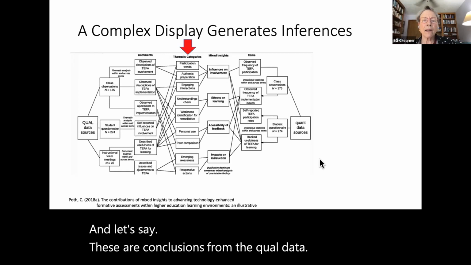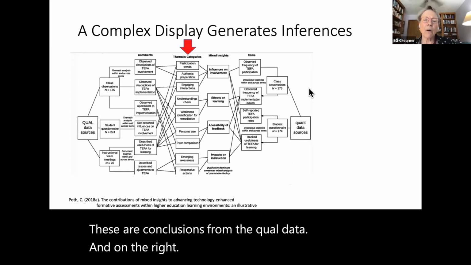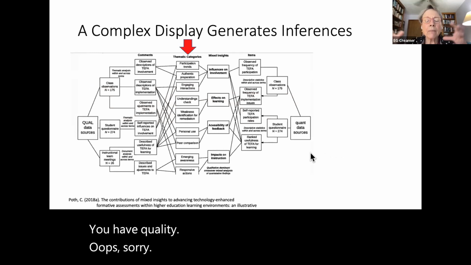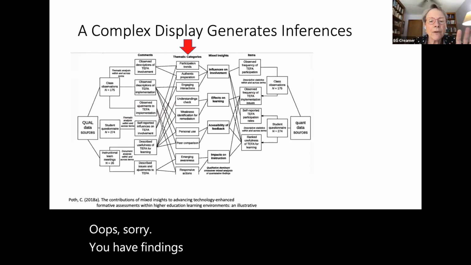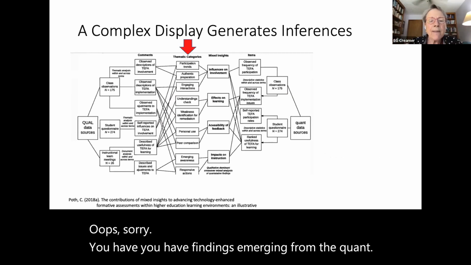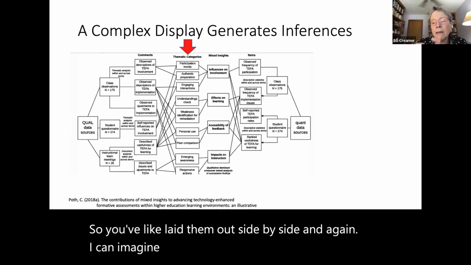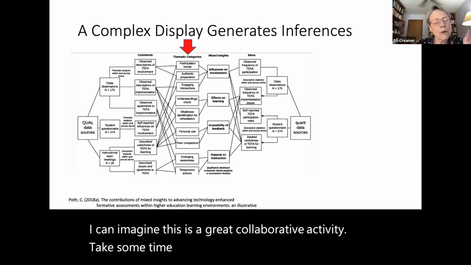And on the right, you have findings emerging from the quant. So you've like laid them out side by side. And again, I can imagine this as a great collaborative activity. Takes some time to unpack, no doubt about it.